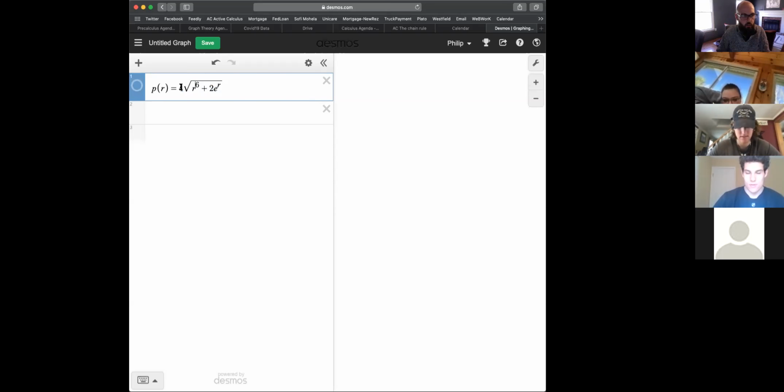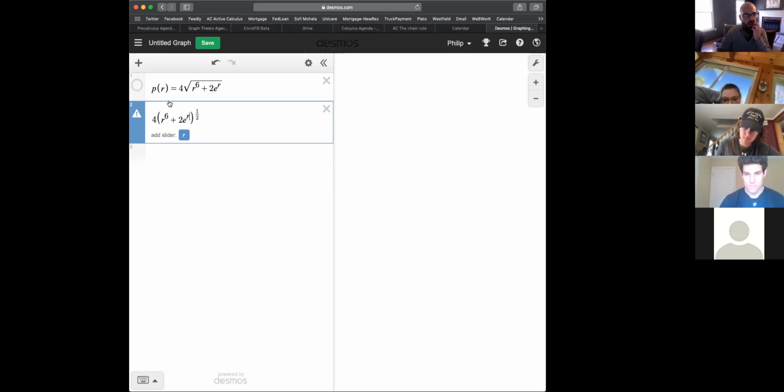What I would do is rewrite the square root like this, to the 1/2 power. And then inside of here, we're going to have R to the 6 plus 2e to the R, right?